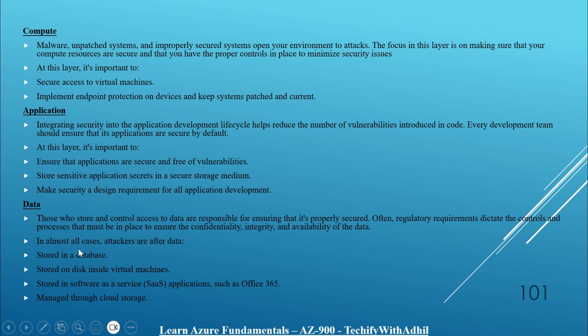In almost all cases, the attackers are after data, obviously. It's stored in databases, on disks inside virtual machines, in SaaS applications like M365 applications, and managed through cloud storage. So usually the attackers look for the data in all these locations.